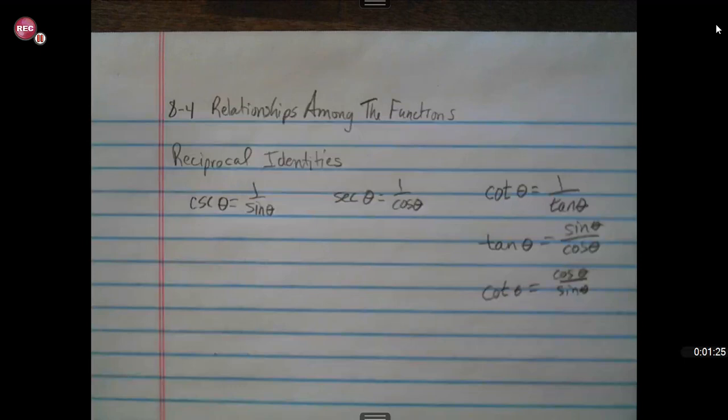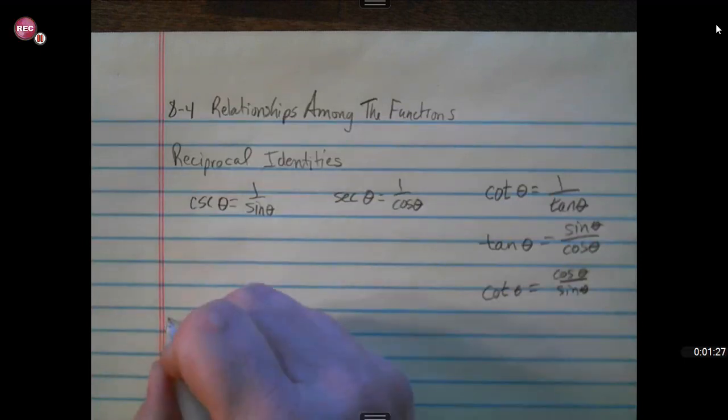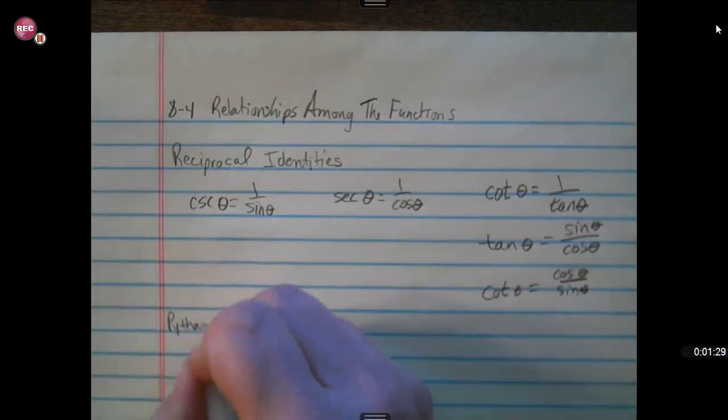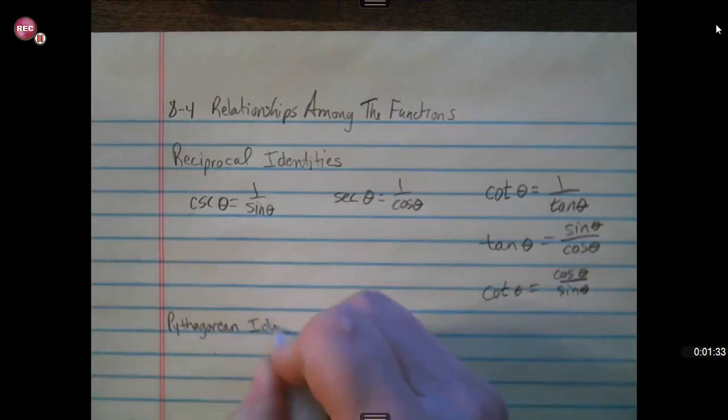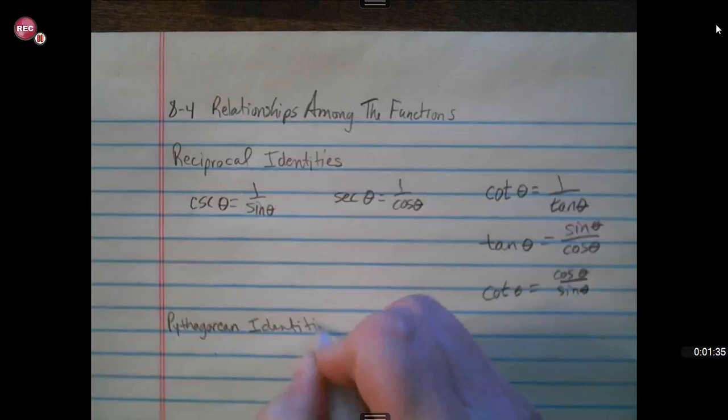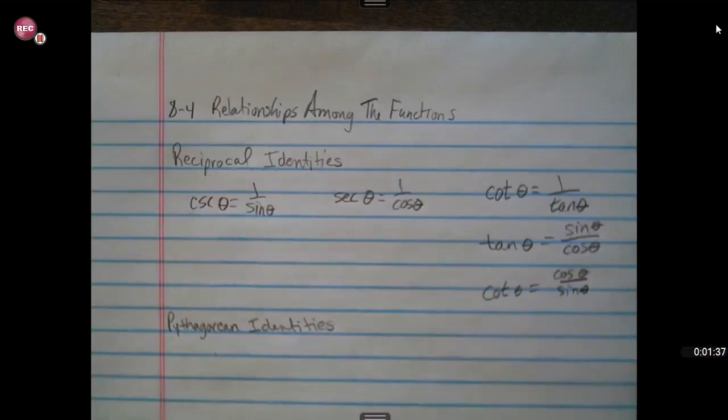Okay? And then we also have what are called the Pythagorean identities. The Pythagorean identities are that sine squared theta plus cosine squared theta equals 1.